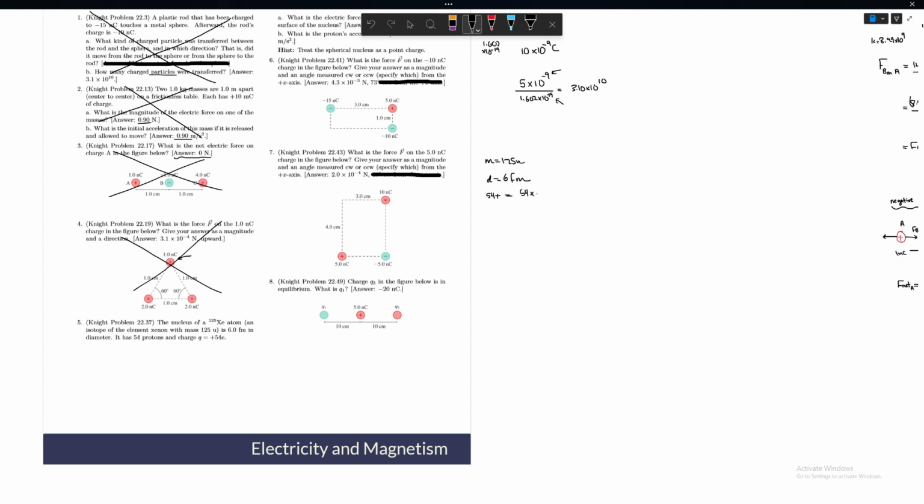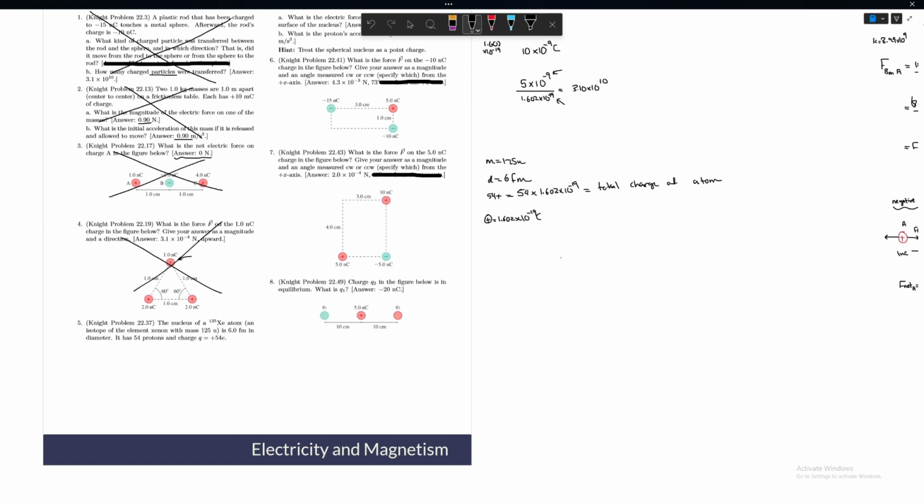It has 54 protons with some charge. So how do you find the charge? Since these are protons, we know each proton has a charge of 1.602 times 10 to the negative 19 coulombs. Since we have 54 of them, their total charge is 54 times 1.602 times 10 to the negative 19, and this will equal the total charge of the atom.